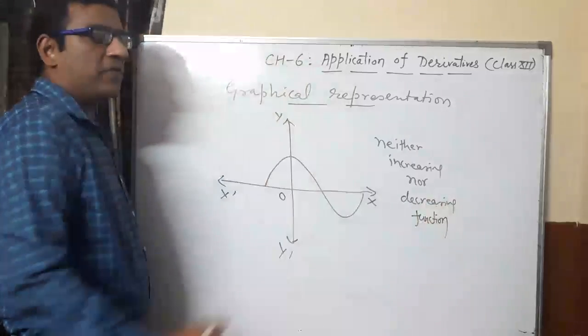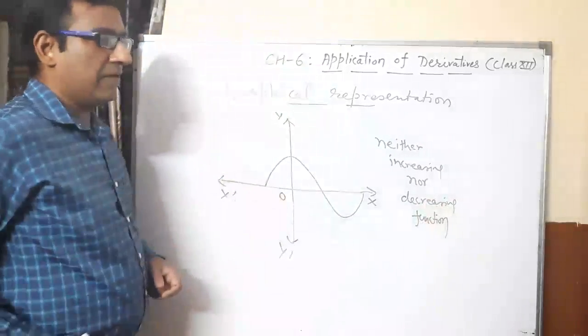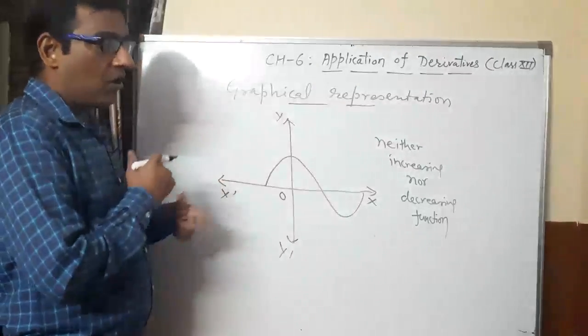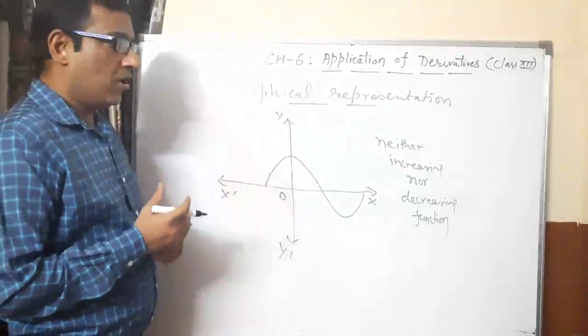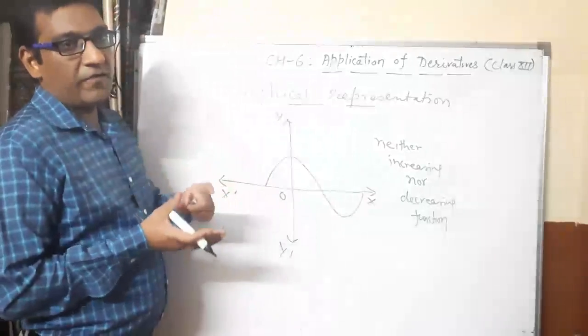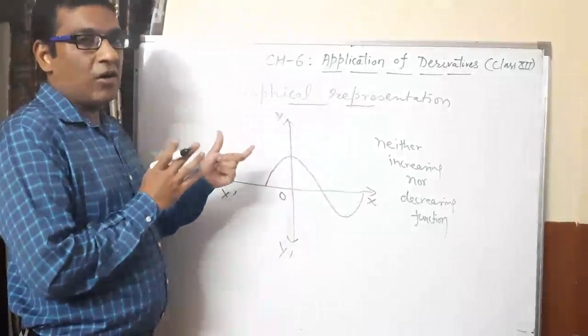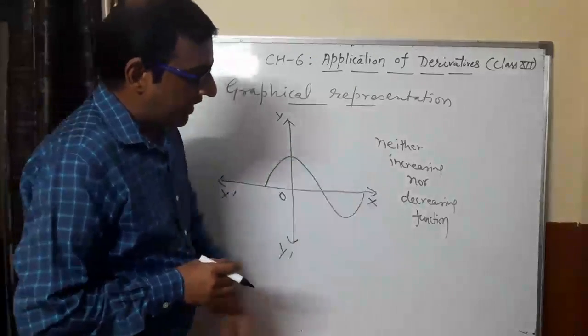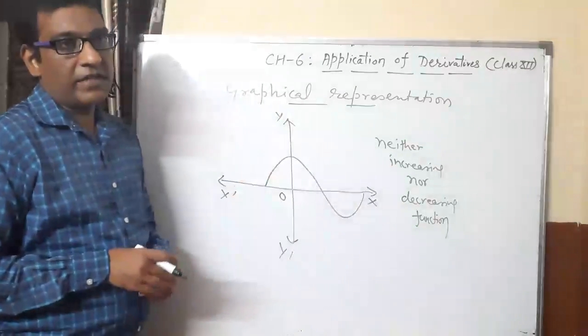So with the help of these graphs we will easily identify which type of graph is related with increasing function or strictly increasing function, or which type of graph is related with decreasing or strictly decreasing, and this type of graph is related with neither increasing nor decreasing function.